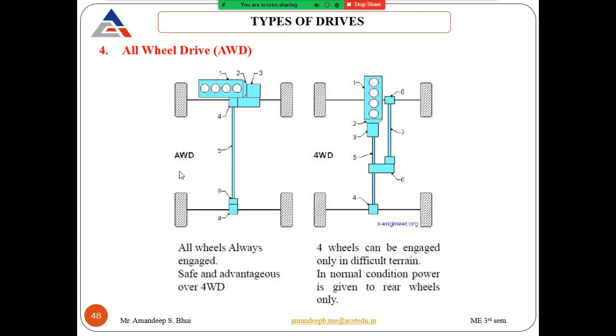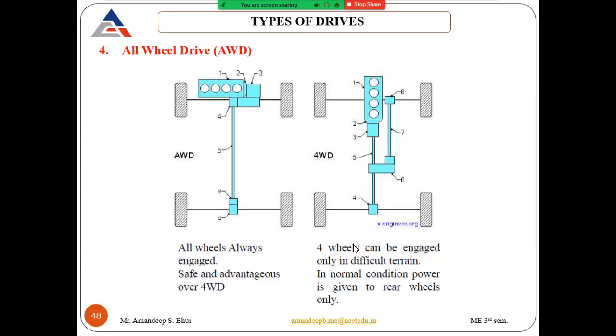It will always be transmitted. But in a four-wheel drive, I can choose whether I want to transmit the power onto the front wheels or onto the rear wheels. So we have an option.